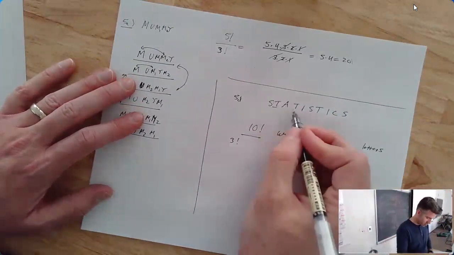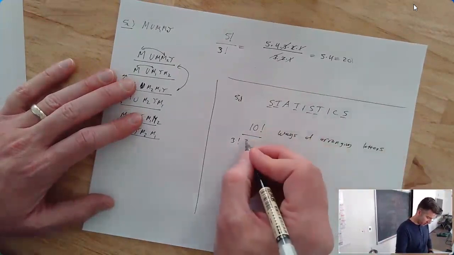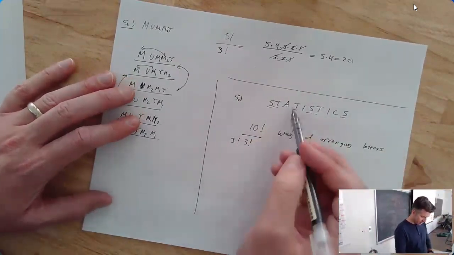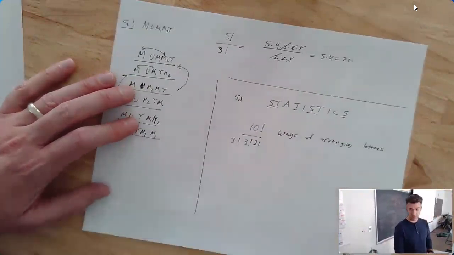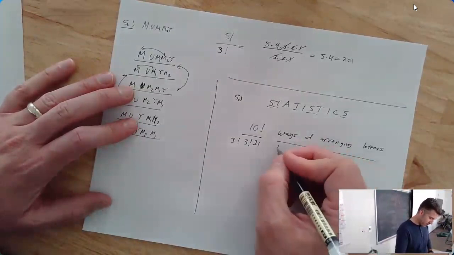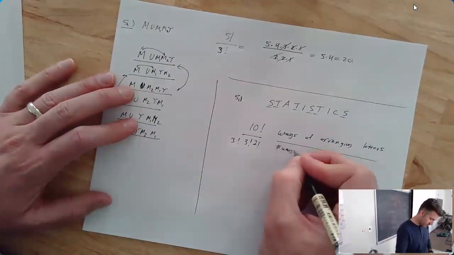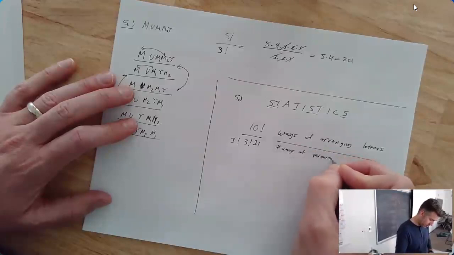There are 3 T's, so divide by 3 factorial ways of rearranging the T's. And there are 2 I's, so I have to divide by 2 factorial ways of rearranging the 2 I's. So that's divided by the number of ways of permuting letters that occur more than once.